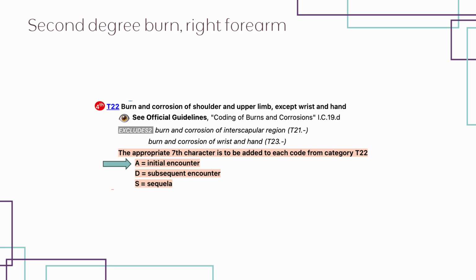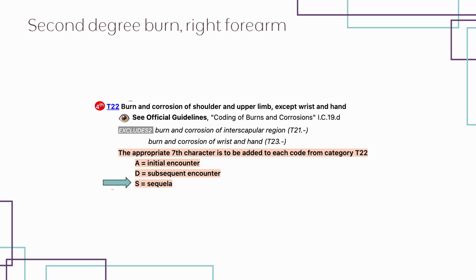7th character A for the initial encounter will be used when the condition is actively being treated. 7th character D for the subsequent encounter will be used when the condition is in the healing phase. And 7th character S for sequela will be used when the condition has healed and there is a late effect of that condition.